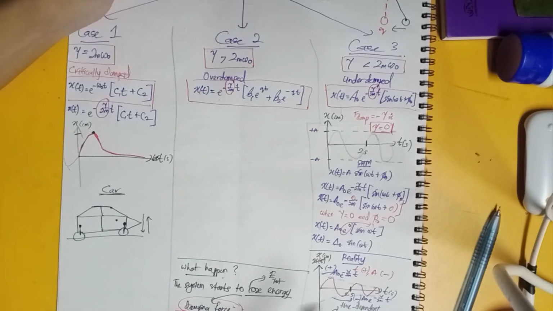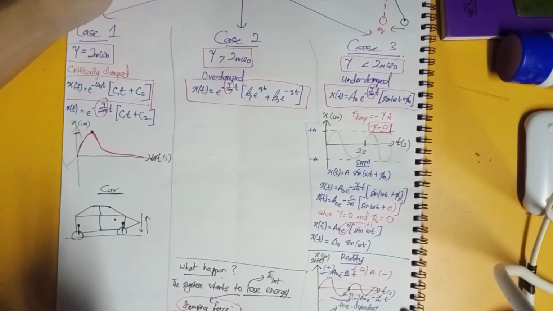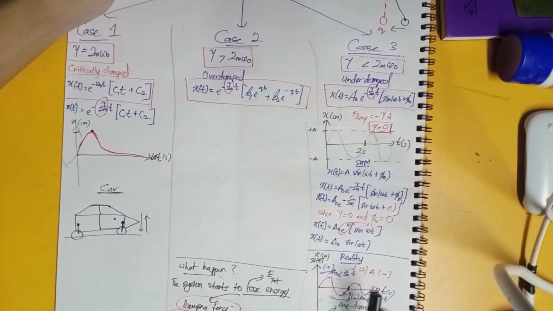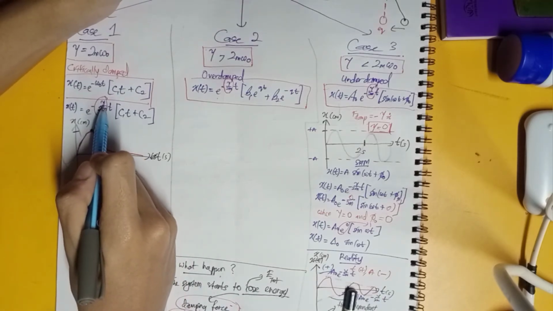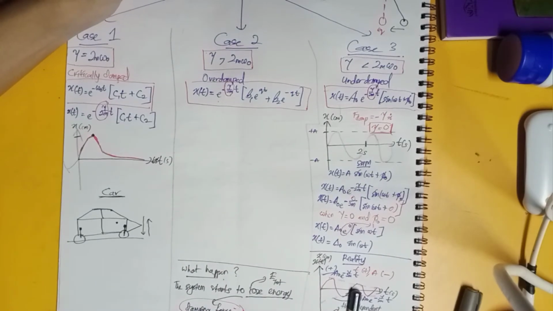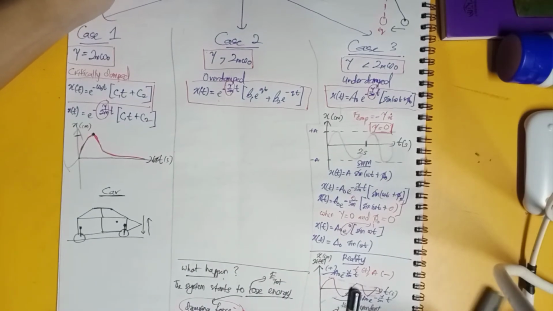And we have gamma, with the exponential of negative gamma over 2m. That means the system reduces like this. This is exponential, the exponential power of negative gamma over 2m.